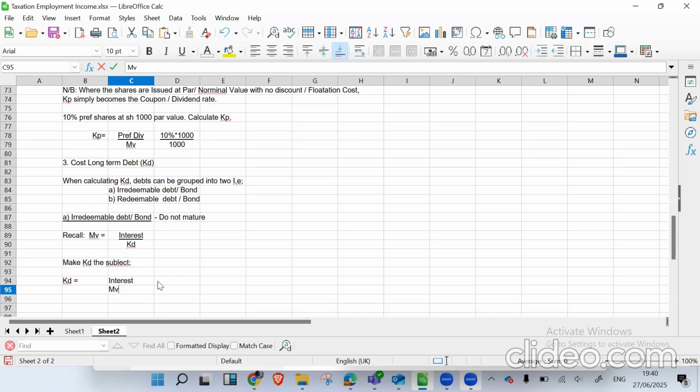Divided by the market value. So interest over the market value, that will give us the KD.